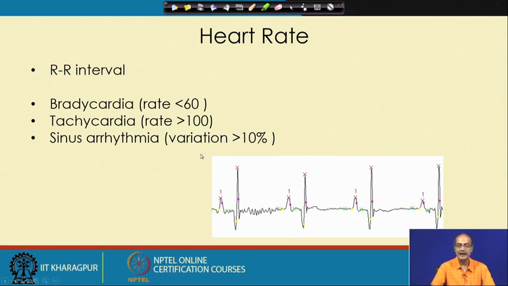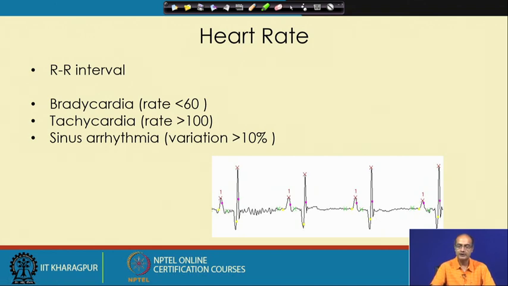And then again there is another kind of variation. Usually when you look at the ECG waveform, it is not exactly periodic.